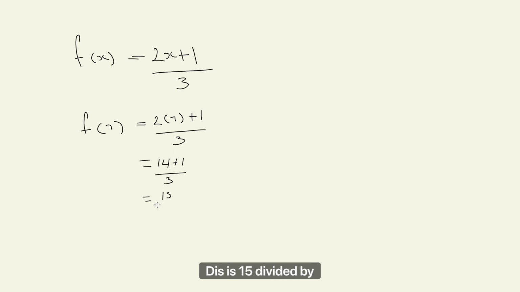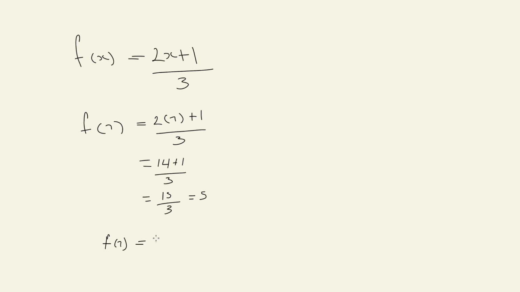This is 15 divided by 3, which is equivalent to 5. So your answer is f of 7 is equivalent to 5. On a graph, it is written as such. Now, this is a specific point on a graph.